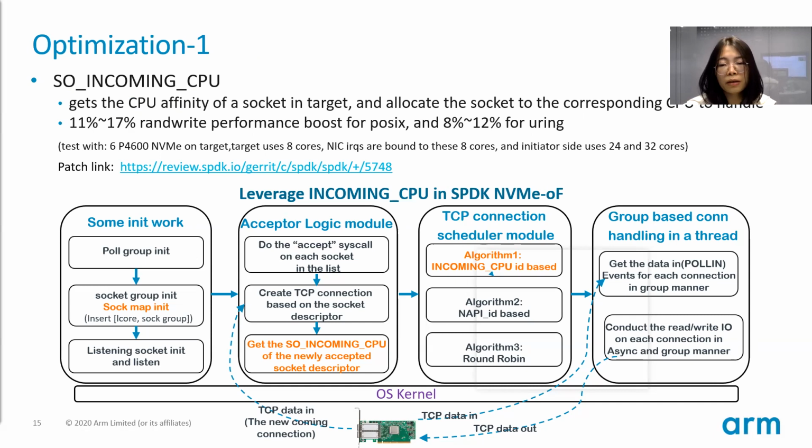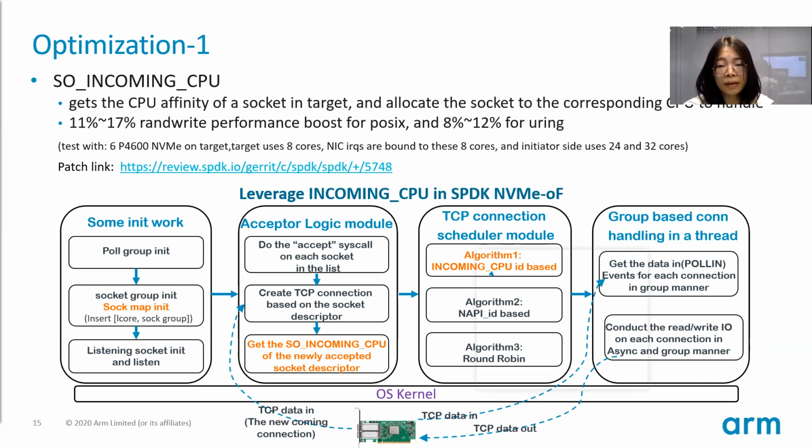And with this feature, we can get about 11 to 17% write performance boost for POSIX sockets and 8 to 12% for the virtual test environment.